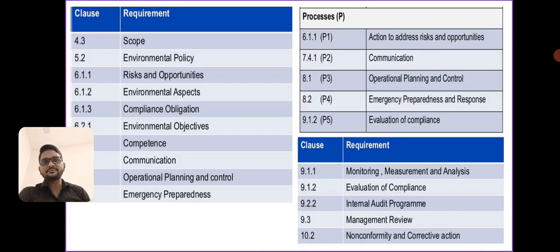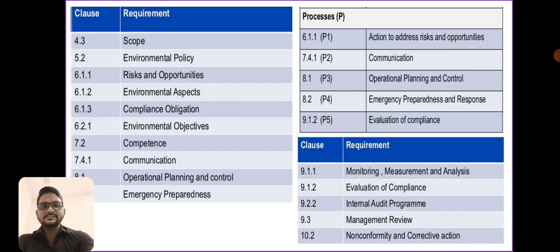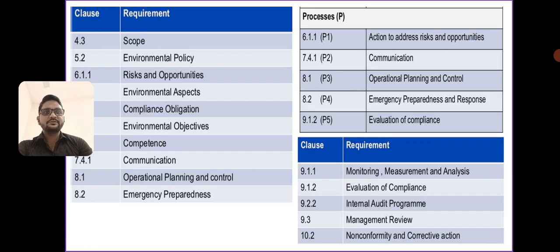These are some clauses and their requirements, like 4.3 that is scope, 5.2 that is environmental policy, 6.1.1 that is risk and opportunity, 6.1.2 environmental aspects, 6.1.3 compliance obligations, 6.2.1 environmental objectives, 7.2 competence, 7.3 communication, operational planning and control that is 8.1, 8.2 emergency preparedness.